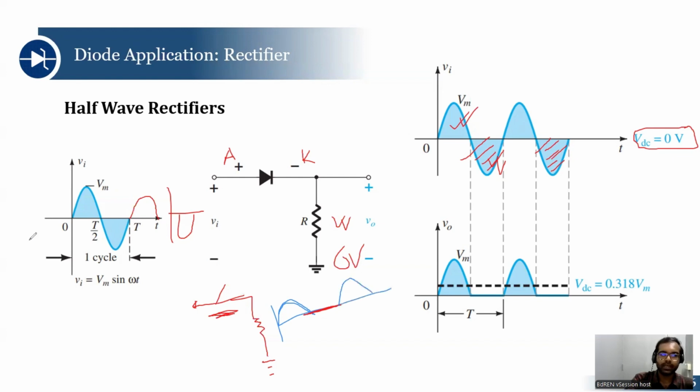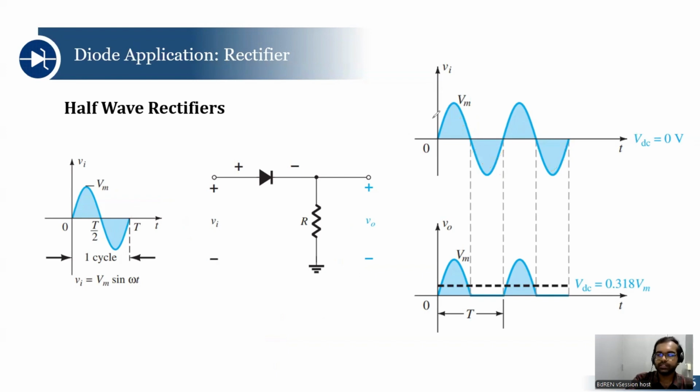So do you understand how this two-directional signal has been transformed into this one-directional signal? And now see, the average voltage or the DC voltage is not 0 as previous. It has some value.